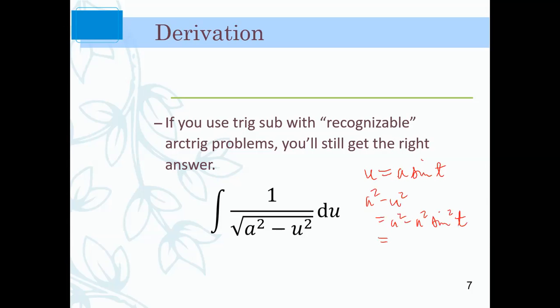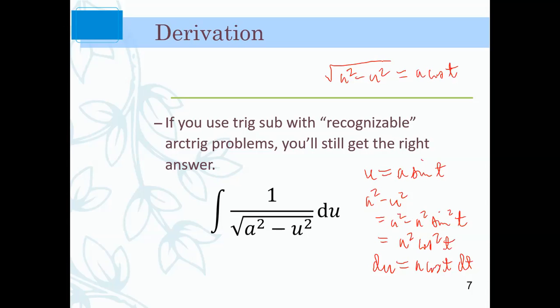Which would be what? A squared cosine squared of t. And what would du be? A cosine of t dt. Does that make sense? And then what would the square root of a squared minus u squared be? It would end up being a cosine of t. You see it? Yes?